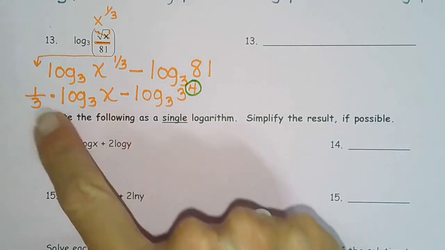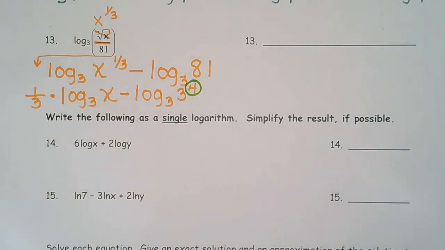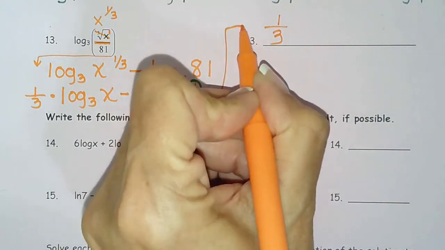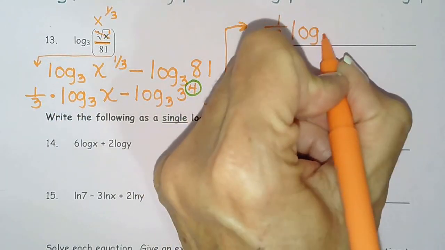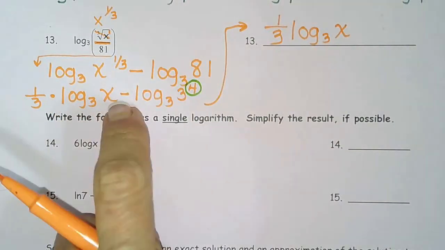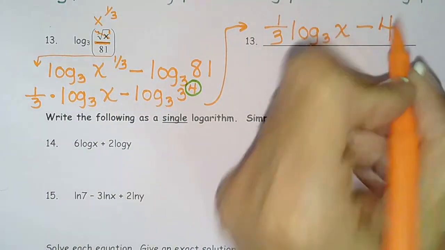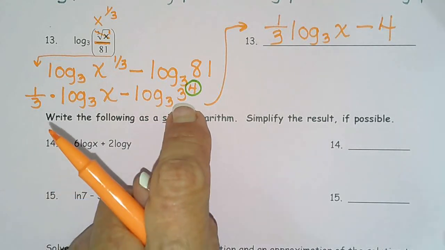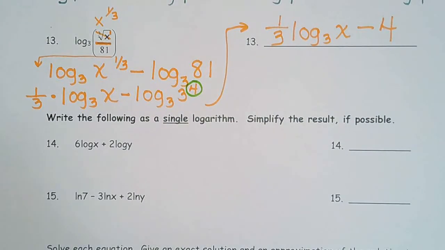This one I can see can't be simplified further because there's an x. So we're just going to write 1/3 log base 3 of x minus 4. Because those two undo each other. The base of the log is 3, the base of the exponent is 3, so the answer is just the exponent.